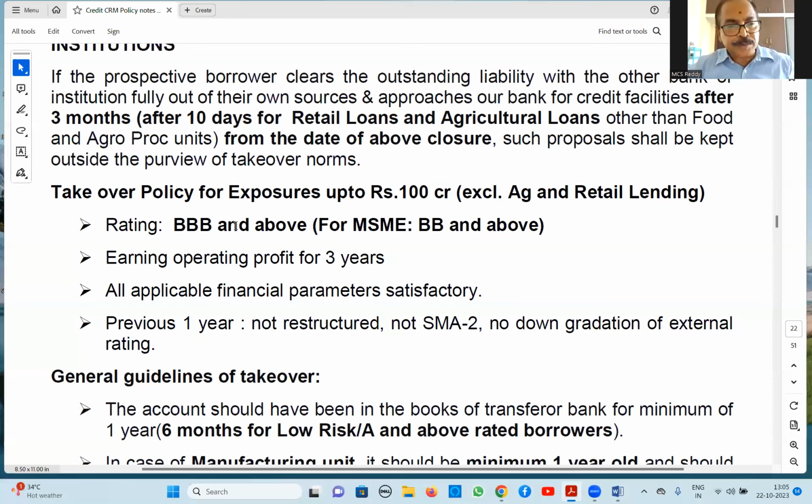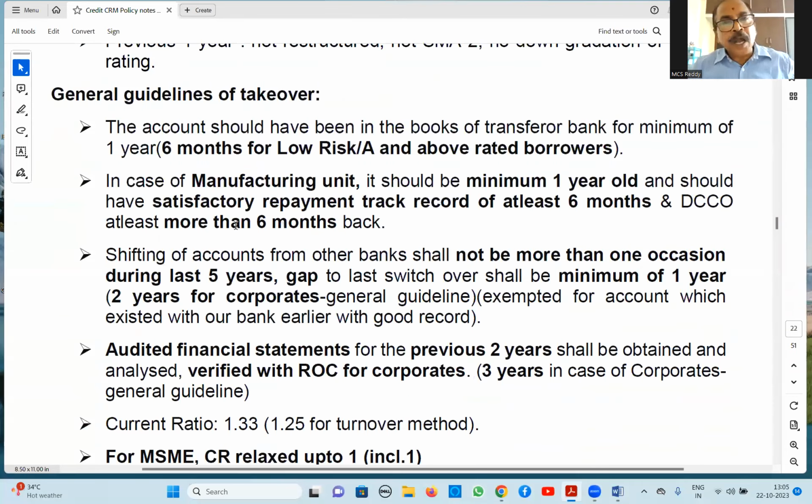And other guidelines: the account should have been in the books of transferor bank at least for 1 year and 6 months at least with the previous bank in case of low risk and A and above rated borrowers. That means at least 1 year it should be with other bank, previous bank. And 6 months in case of low risk wala.